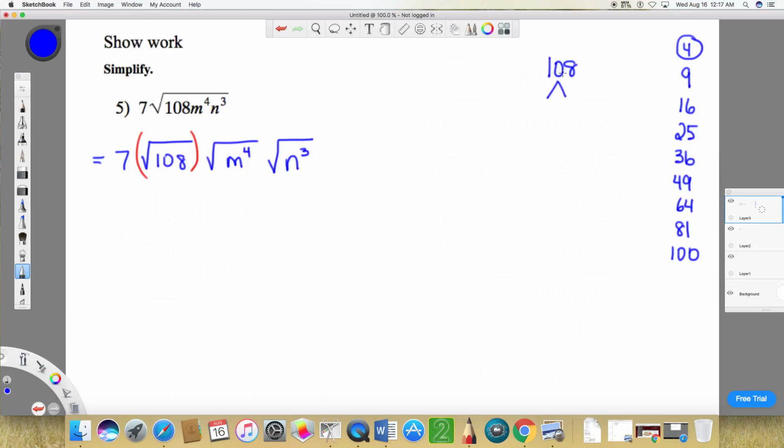Well, 108 divided by 9, yeah, 9 will work. Is there a number in this list that's still bigger that would divide 108? 108 divided by 16, now I get a decimal number. That's not going to work for us.